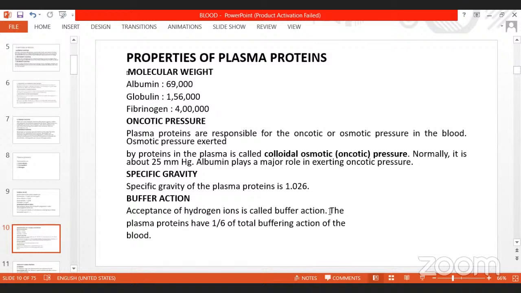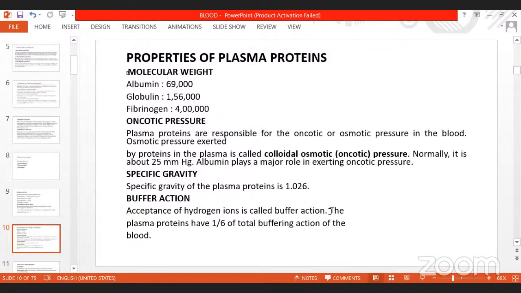It is around 25 millimeters of mercury. Albumin plays the major role in exerting oncotic pressure. And the specific gravity of the plasma protein alone is around 1.026.